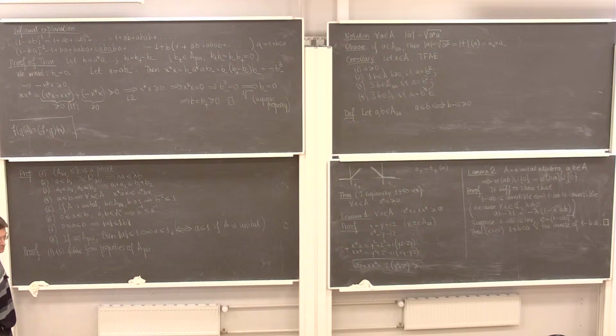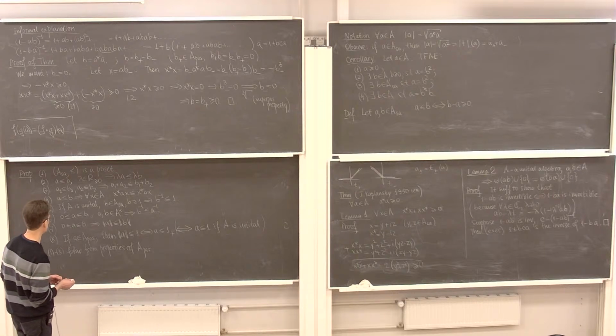If A is less than or equal to B and B is less than or equal to C, then B minus A and C minus B are positive. Their sum is C minus A, so C minus A is positive, and so A is less than or equal to C. So it is transitive. And similarly, one easily proves 2 and 3. So this follows from the fact that the set of positive elements is a convex cone.